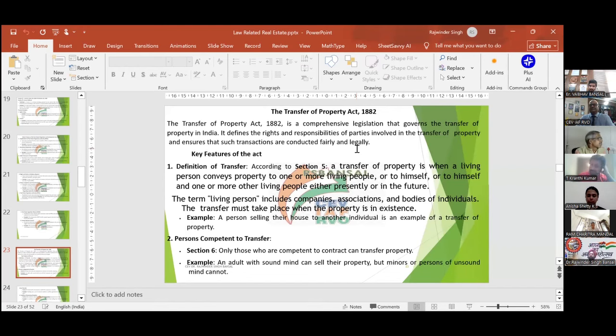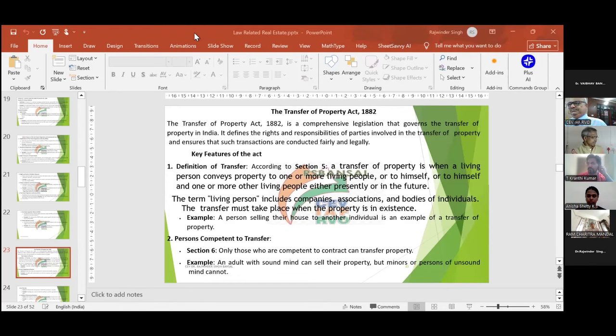Whenever you are buying a property, it means you are buying a bundle of rights. So how is the transfer of property from one person to another person to be done? This act governs the transfer of property in India.